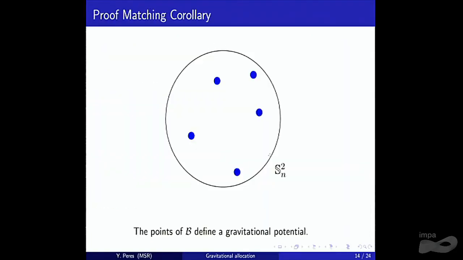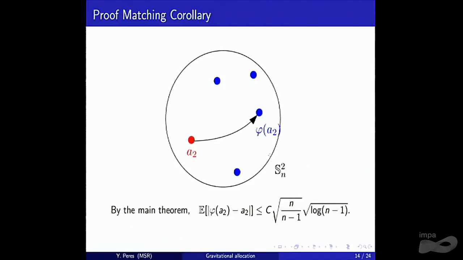So let me explain how we get from the allocation to the matching. We're going to do an online matching. We're going to put the blue points down. They will be the stars. The red points will arrive one by one. They will be moving particles. The blue points are never going to move. So we throw down the n blue points. These blue points define a gravitational potential. They are the stars. Now a red point arrives. Think of it as a particle.